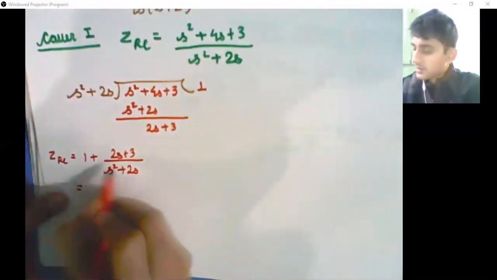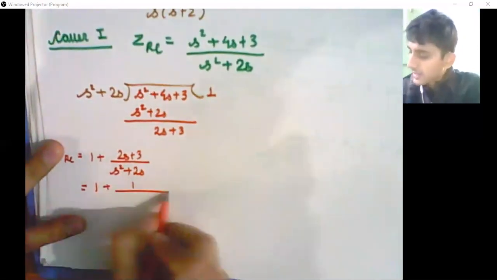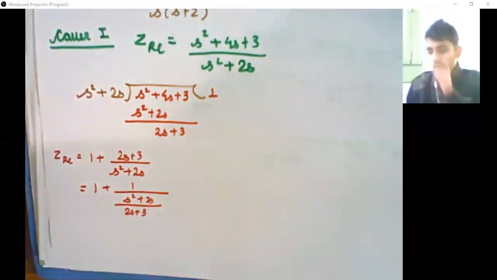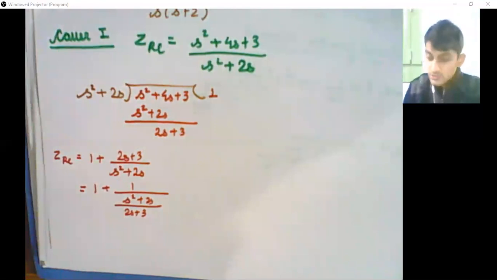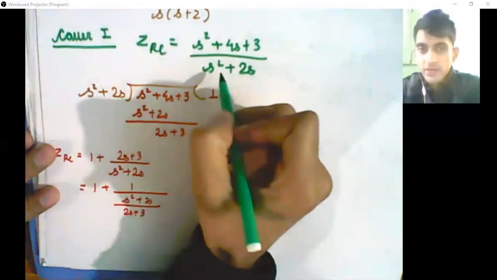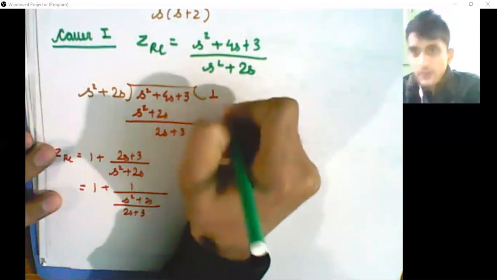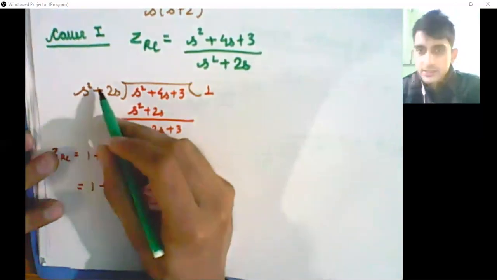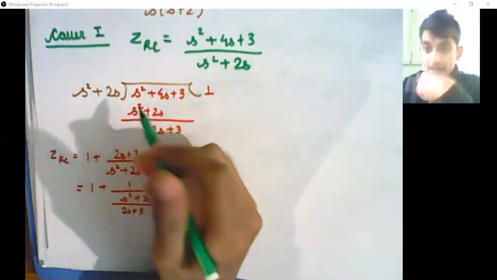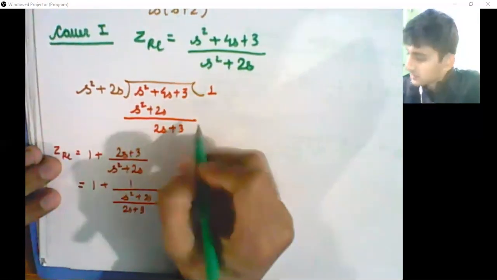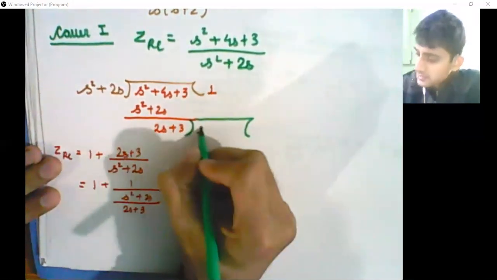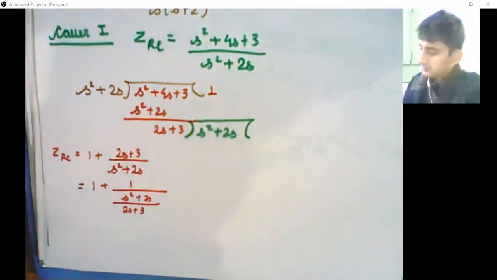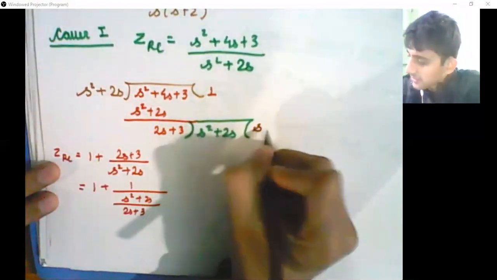Now what we obtained, we can write as 1 upon (s square plus 2s) upon (2s plus 3). You see that if the powers of numerator and denominator are the same, we get a constant. And if the power is one different, here the power is 2s and here it is s square, then we will get our capacitance for terms like 1 upon alpha s. When you divide s square plus 2s, I have to multiply it with s upon 2.